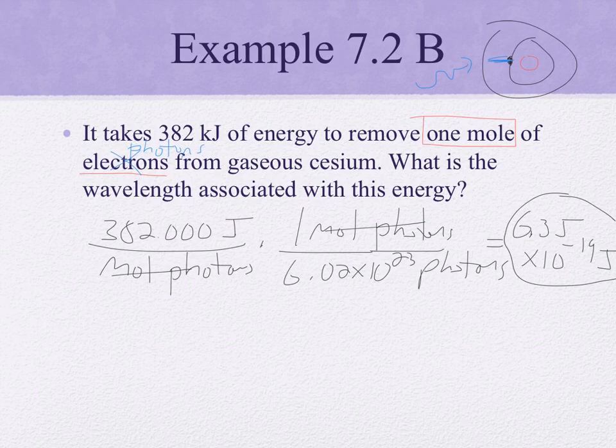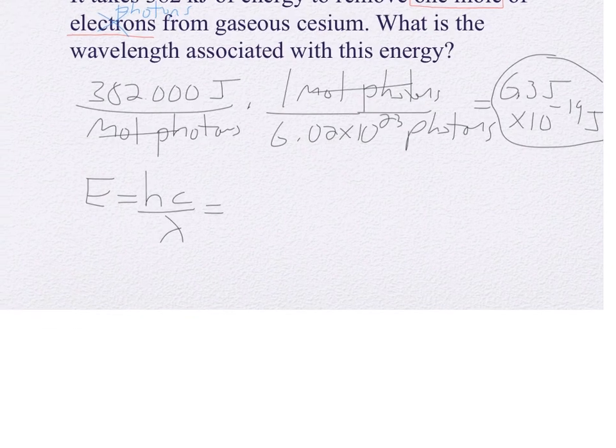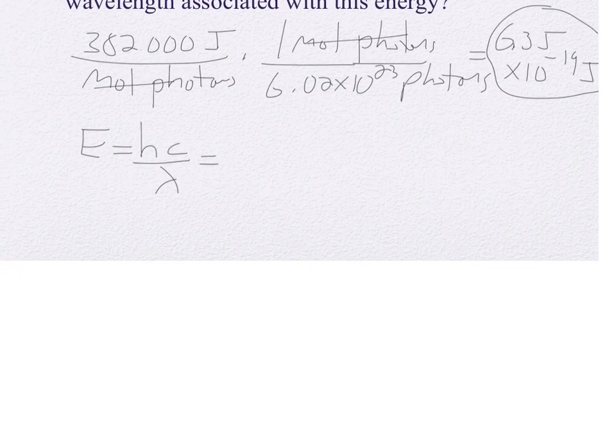Now we can just plug that into our energy equation, E equals hc over lambda. Since we're asking for the wavelength, this version is more helpful. So 6.35 times 10 to the negative 19th joules, there's my energy.